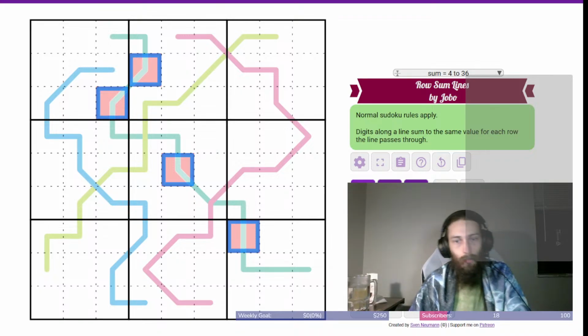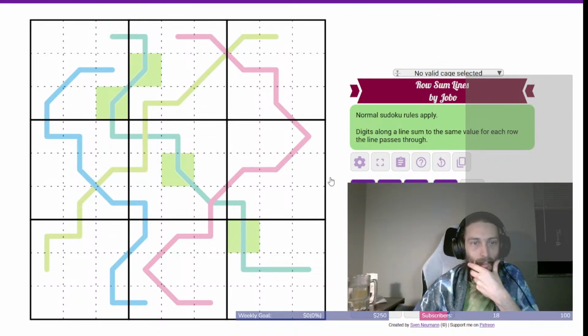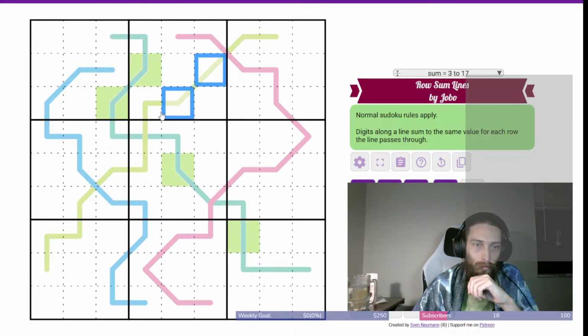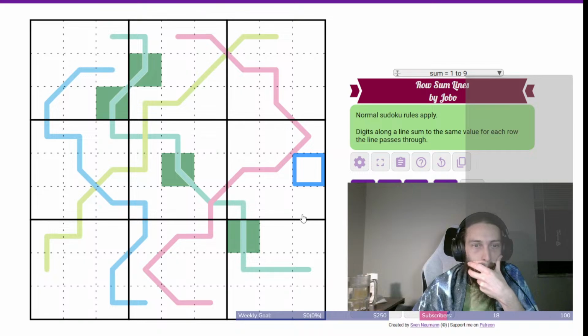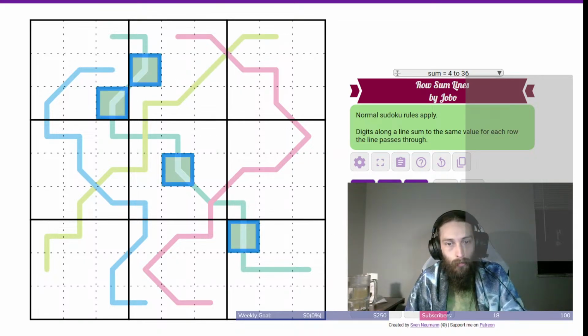Okay, those are all the same, which I should probably highlight in green. Although this is a lighter green, so maybe I need to find a darker green for those to be. Although I think I'm going to do this one as yellow.